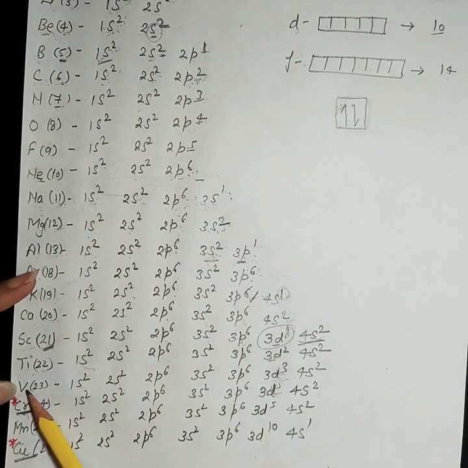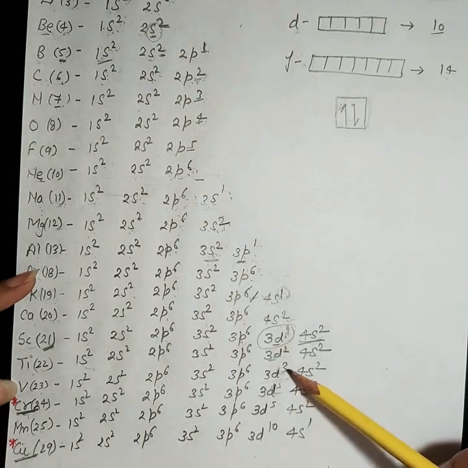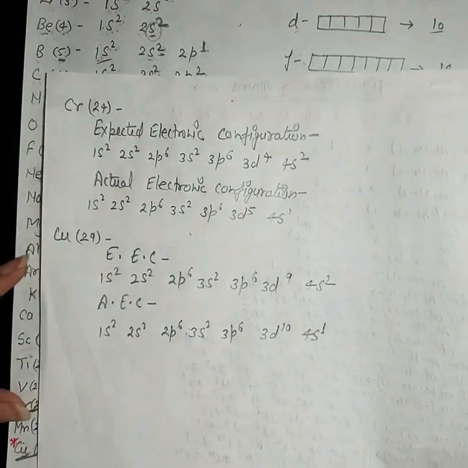Now for vanadium, 23, 1s2, 2s2, 2p6, 3s2, 3p6, 3d3. After 3d2, 3d3. So we can fill electrons until it has 10 electrons. But here chromium and copper are exceptional cases.